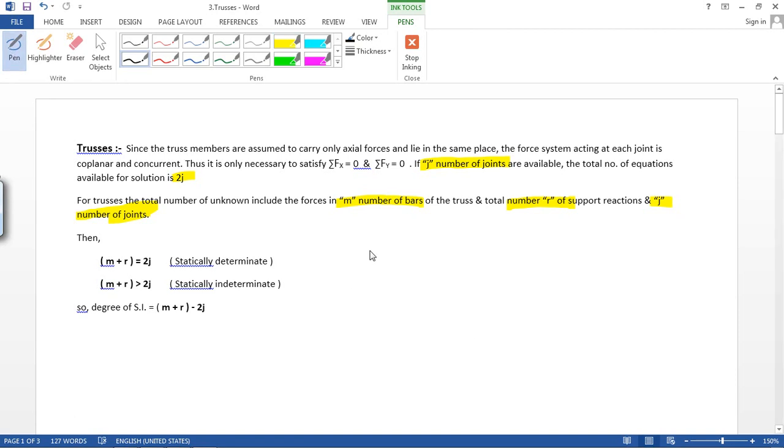Let's draw a truss. Excuse my drawing. It is a pinned or hinge joint, and it is a roller support.